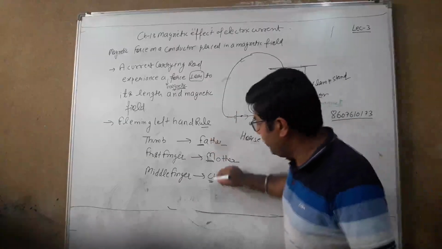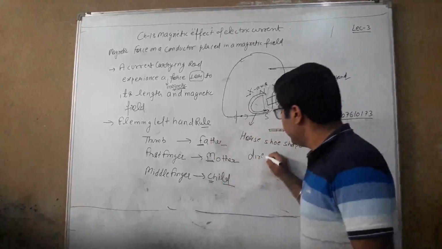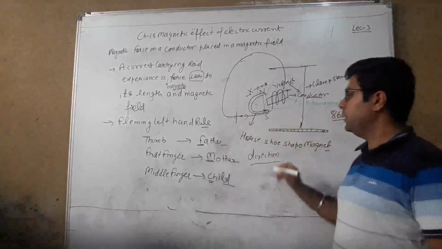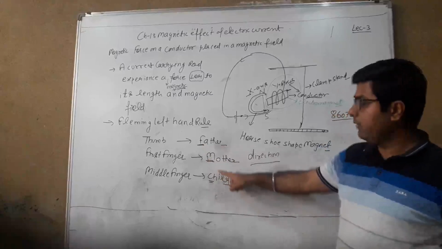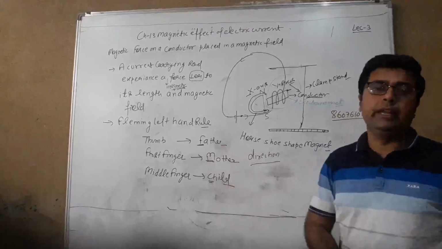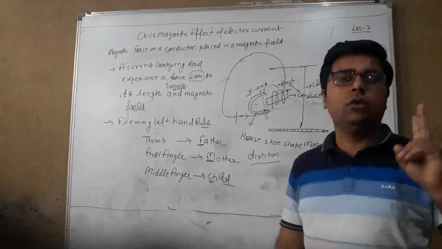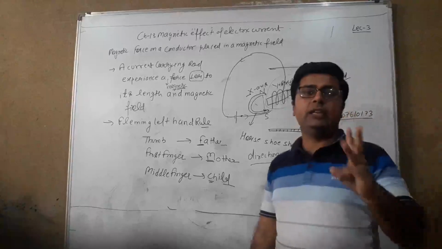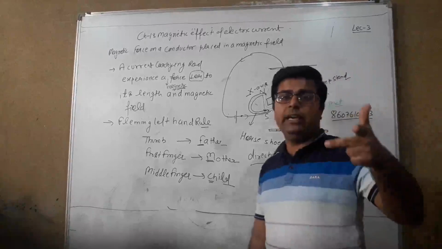These F, M and C all represent directions: direction of force, direction of magnetic field and direction of current. I repeat, direction of force, the magnetic force, direction of magnetic field and direction of current. So like this.